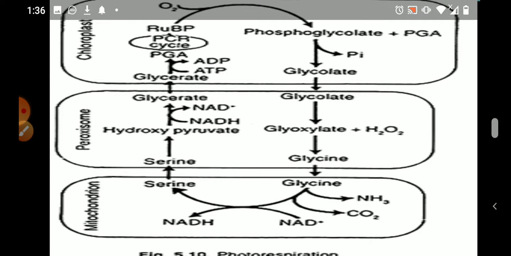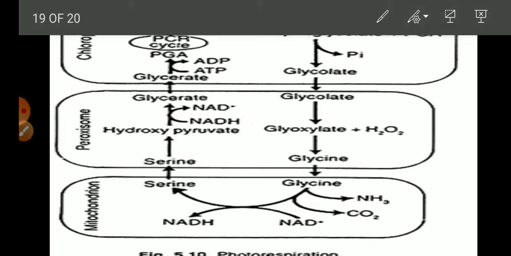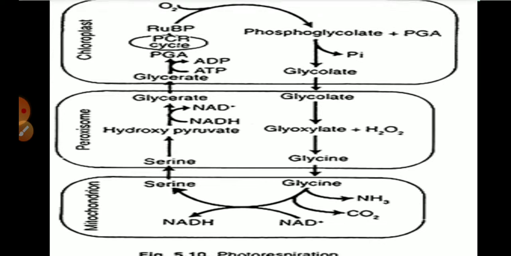As we know, photosynthesis is done in the chloroplast. So when oxygen is increased in the chloroplast, Rubisco adds oxygen to RuBP, and it is changed into phosphoglycolate plus PGA.